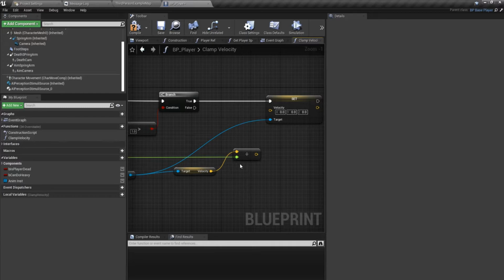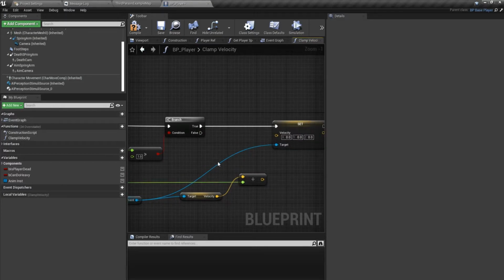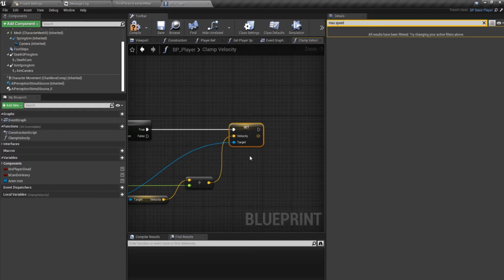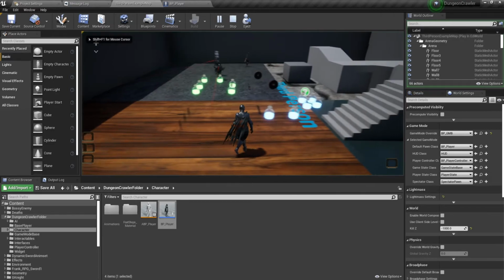Now let's consider our max speed is 300, and the velocity at any given time is 1200 again. So 1200 divided by 300 gives us how much? 4, right? So that velocity divided by 4 would give us 300 at that particular axis, right? That way we can reset the value and clamp it to whatever maximum we are forced.